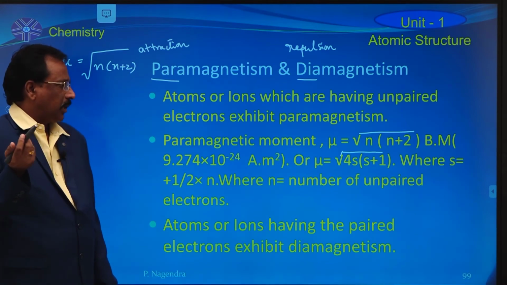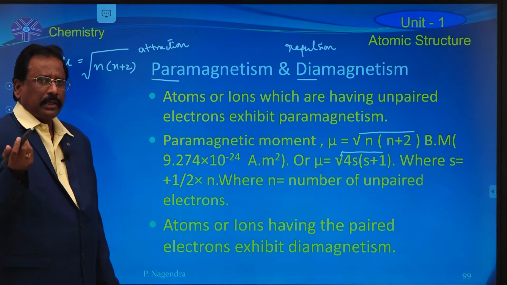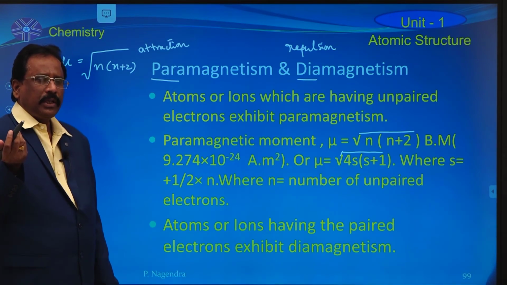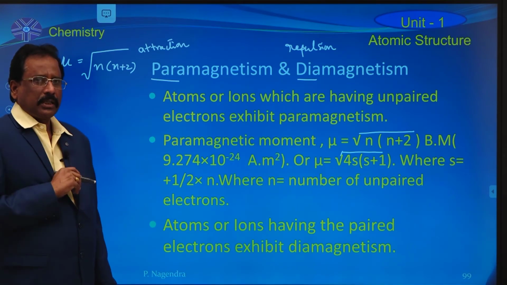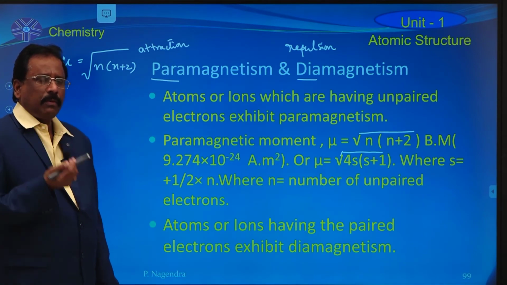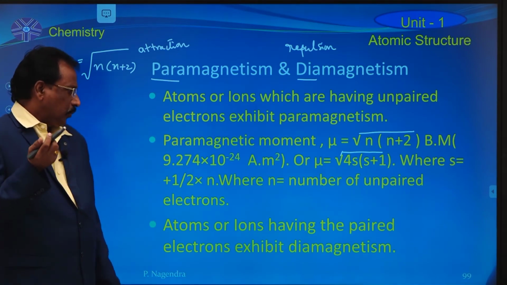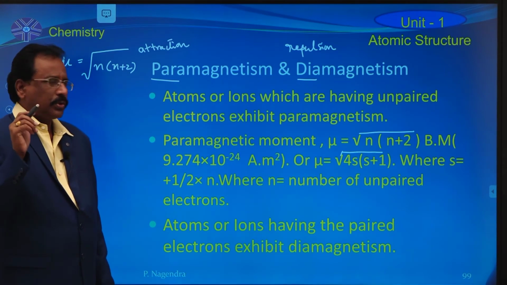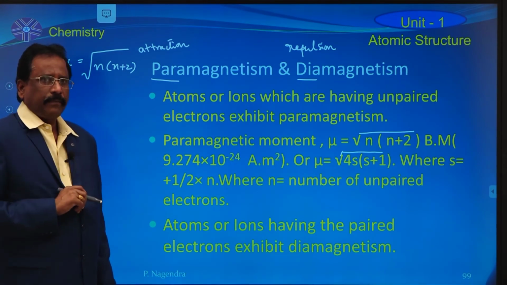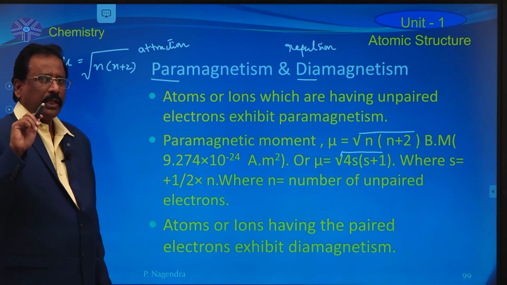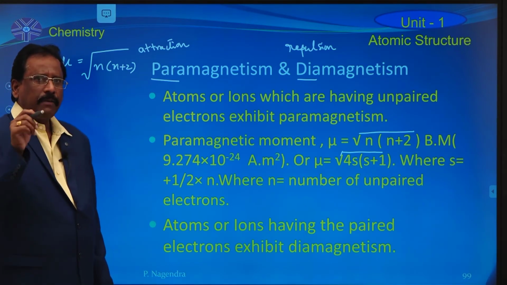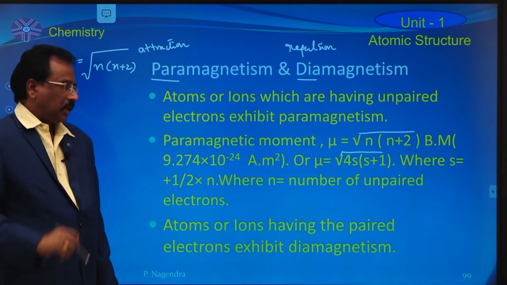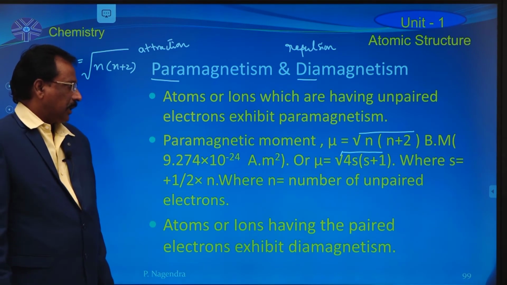That property is known as diamagnetism. In the long form periodic table, all inert gases have completely filled orbitals. If they are placed in a strong magnetic field, due to the absence of unpaired electrons, they show diamagnetic property because there is no free electron. All the orbitals are completely filled with electrons.